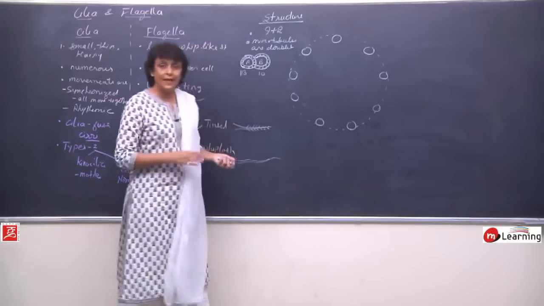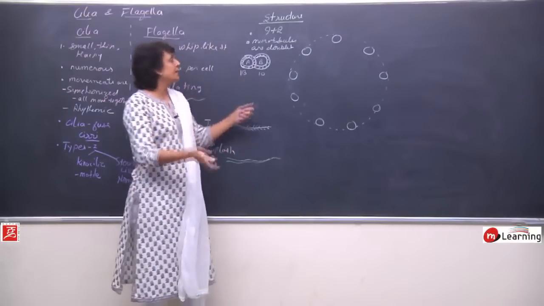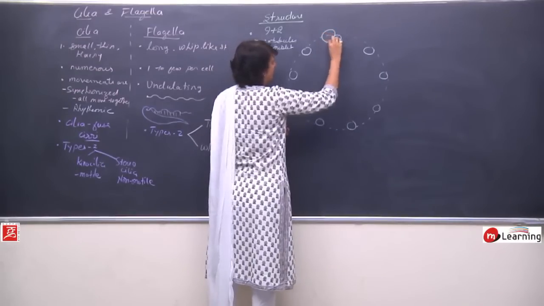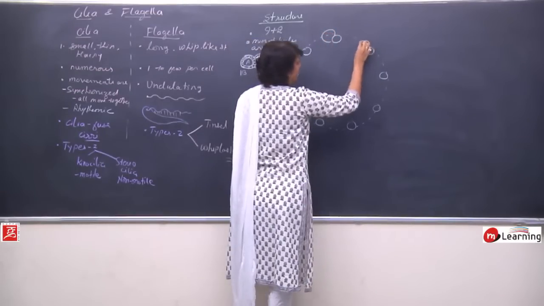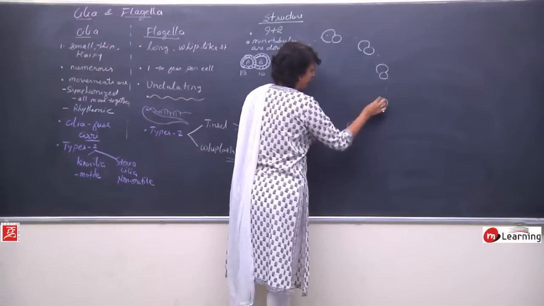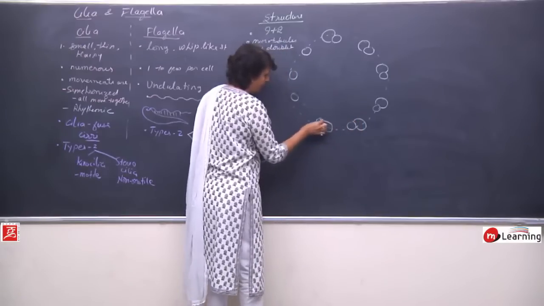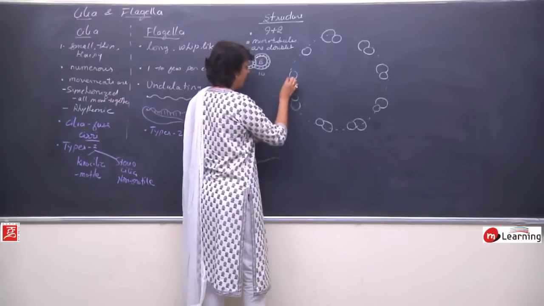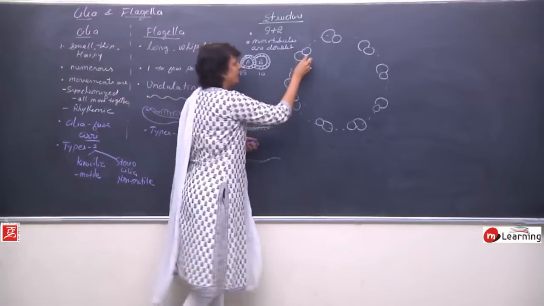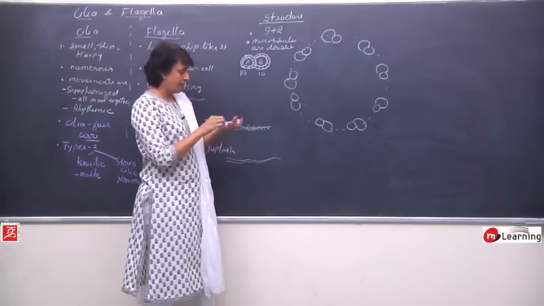Nine, only A's we have drawn. The B is slightly bigger, wider. As you can see, the A is slightly inner and B is slightly outer.